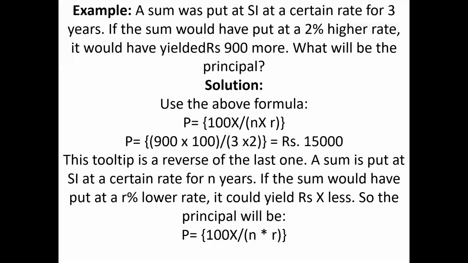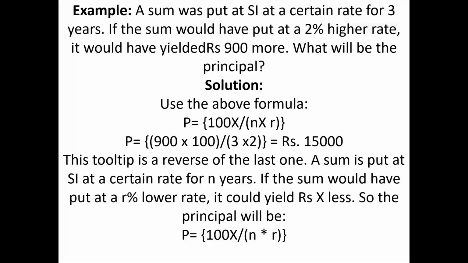So instead of the principal amount, we can directly use the formula, and it will become 900 into 100 by 3 into 2. Why is it 3 into 2? Because n, that is years, is given as 3 years in the question, and r, the rate of interest, is given as 2%.